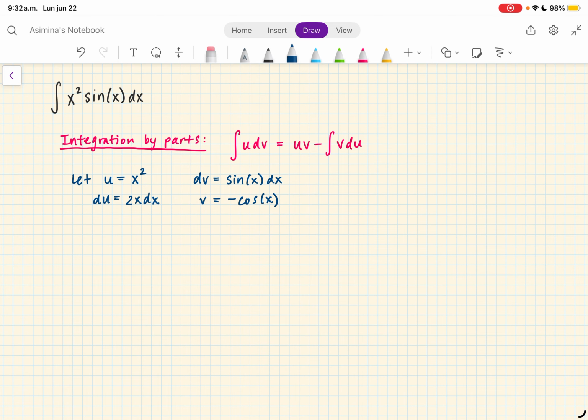Great. So now I have this setup, and I can use integration by parts to try to figure this out.